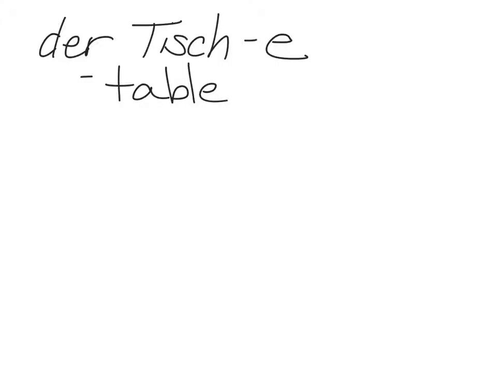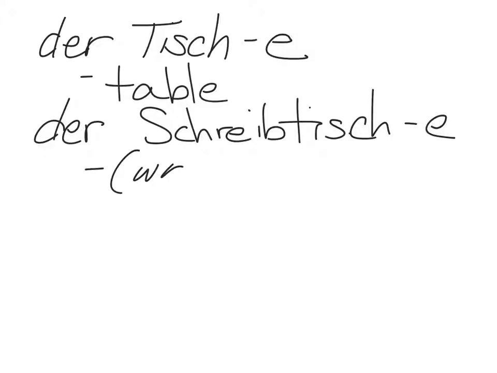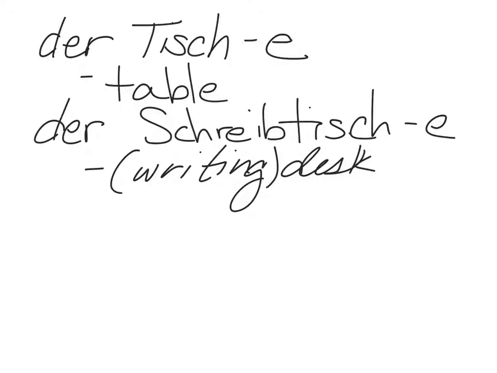So if you take the Tisch and you take it to the end of the Schreib, so you've got Schreibtisch. Now you've got a writing desk specifically. All right, next one.